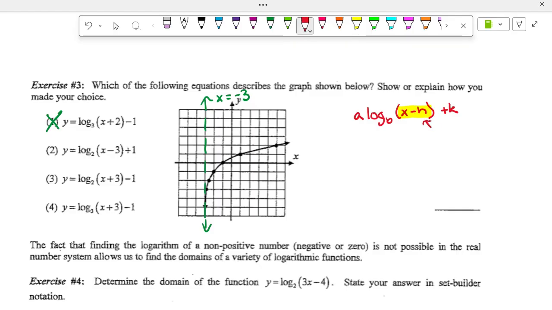So this is where your vertical asymptote is going to come from. And how you get it is you set whatever's in that parentheses equal to 0 and solve for x. So for example, in this case, x would equal h.